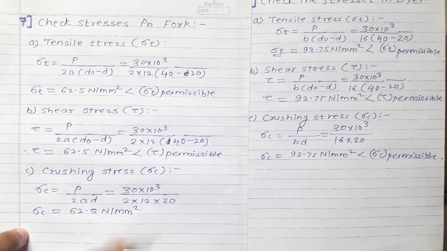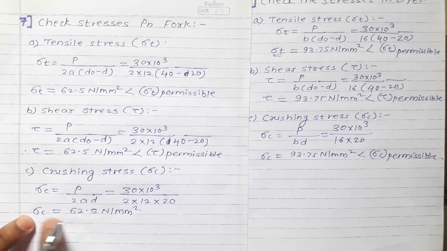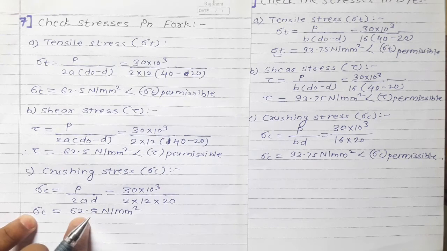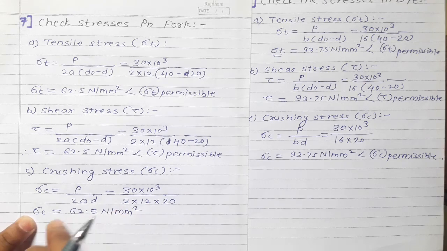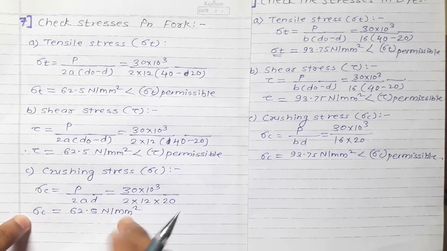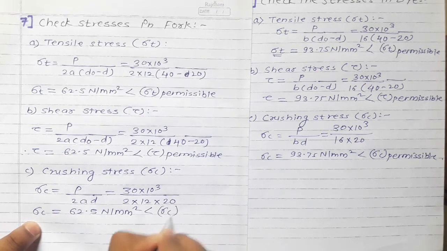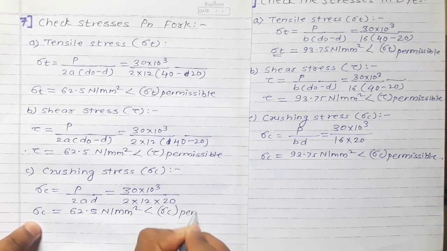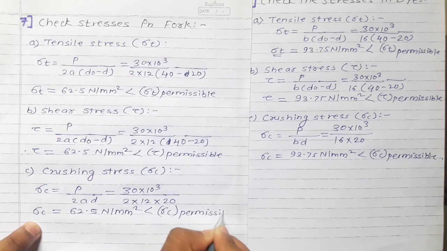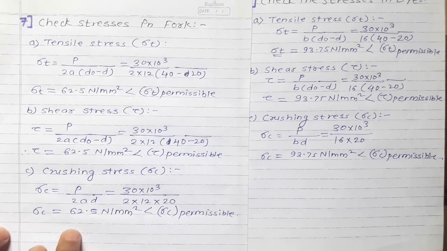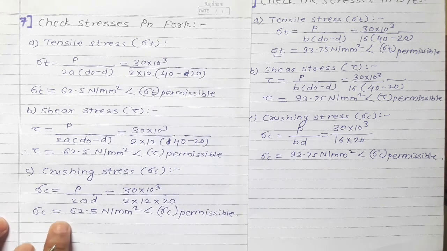Now we have to check the safety of this induced crushing stress. So we have to compare this value with the permissible compressive stress, and the value of permissible compressive stress is 190 Newton per mm square, and thus we can say that the induced crushing stress 62.5 is less than permissible compressive stress, which is 190 Newton per mm square, and therefore the design of this fork is safe.